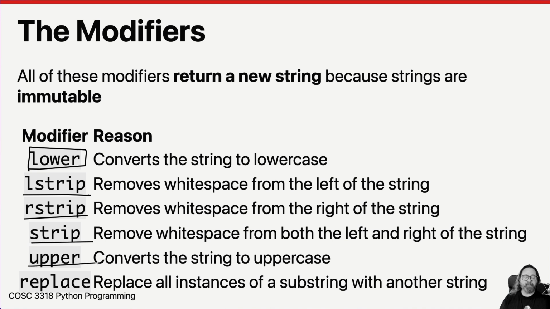We can change everything to upper, and then we can replace letters or substrings inside that string with other strings. So again, all of these are in the textbook. Feel free to read those and look at those examples there. I'm not going to go through them in this. We will see undoubtedly examples of this in the problem walkthroughs.